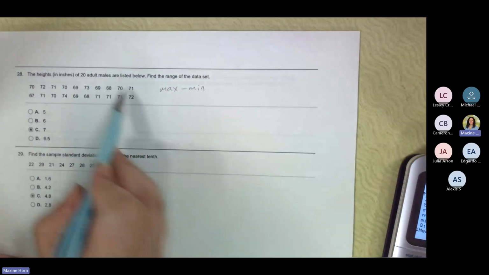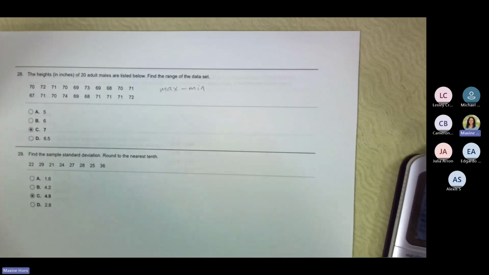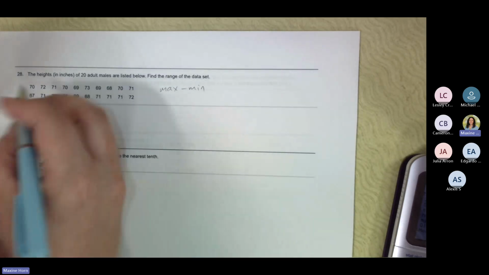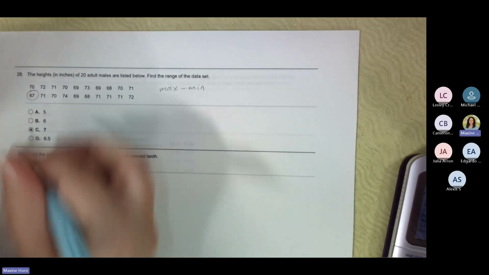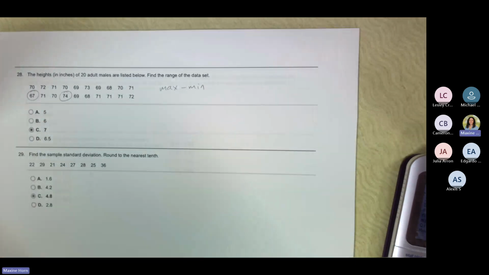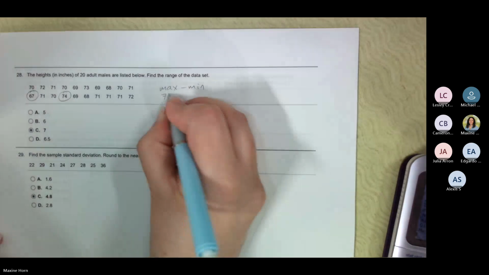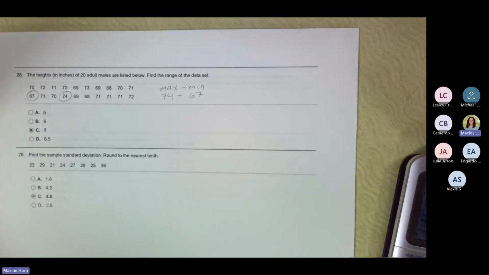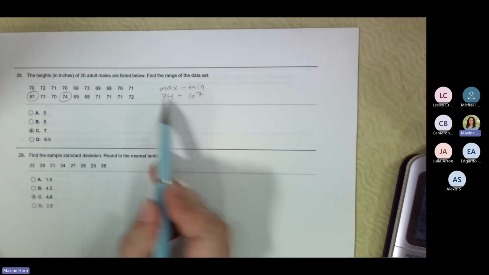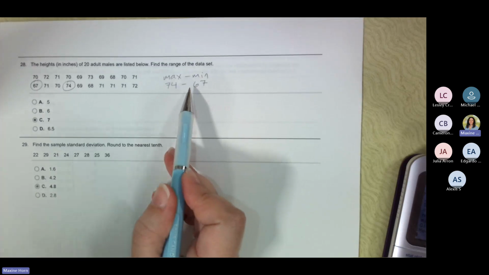I don't really feel like plugging all of those into the calculator, but if I just take a minute and find that the lowest value is 67 and the highest value is 74, 74 minus 67 is going to give me 7, right? Because that's what the range is, the max minus the min. So it's probably faster to just do this by hand than to plug it into the calculator.